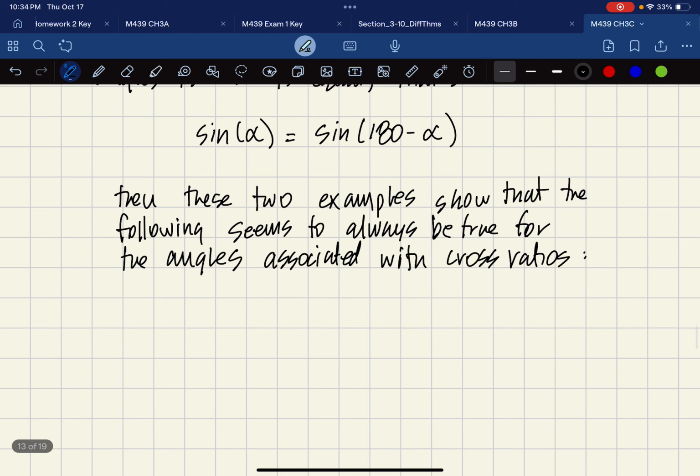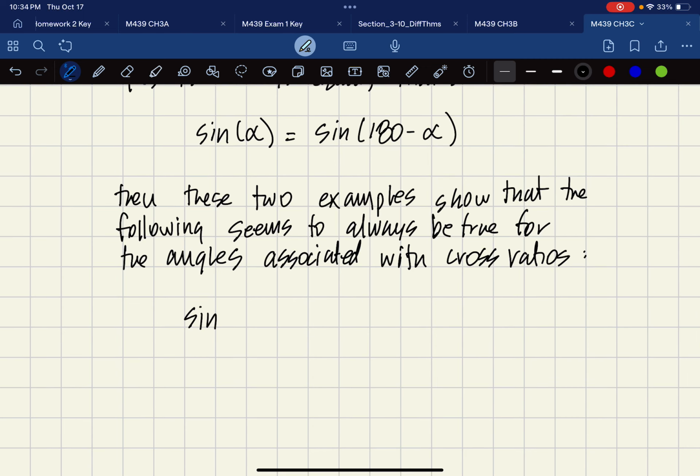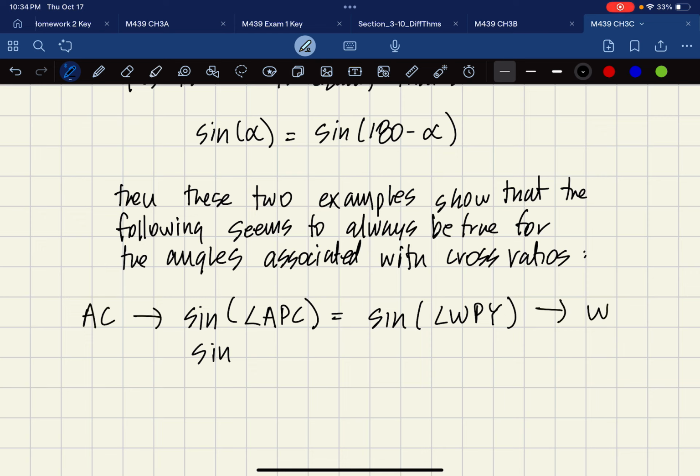And that's that the sine of angle APC is always going to be the sine of angle WPY. This is sort of our AC, and this would be our WY.